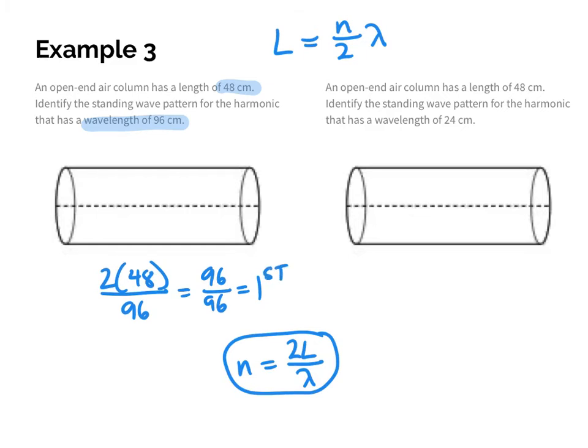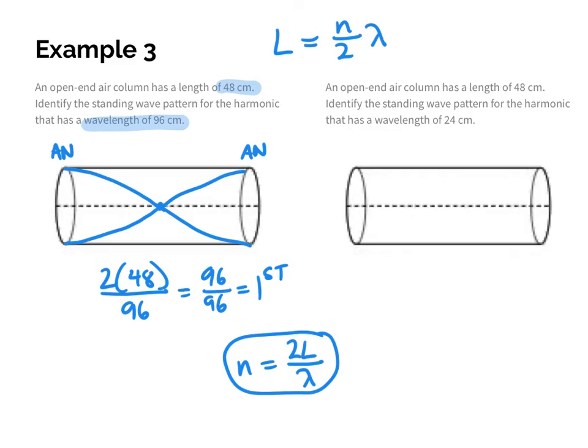That means when we get 1, we should see the first harmonic. So the first harmonic, open air column, we're going to have an antinode at either end, and 1 node in the middle. If I start from a crest, I would go through that node and then to a trough. And if I start from a trough, go through the node up to a crest. That would be my first standing wave.